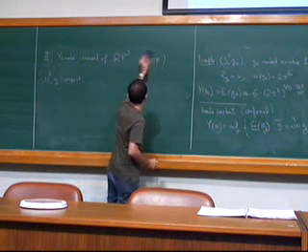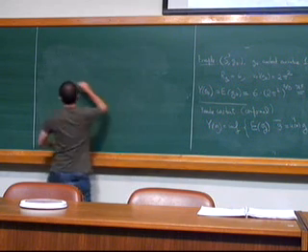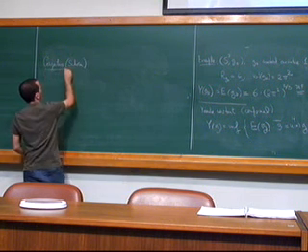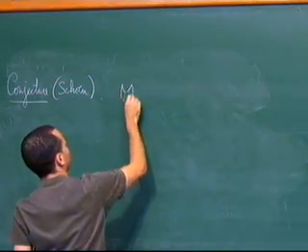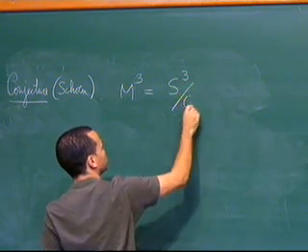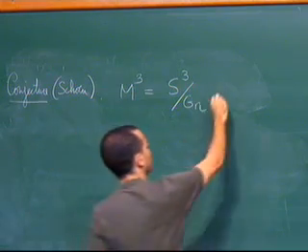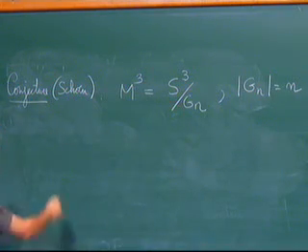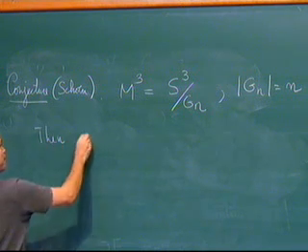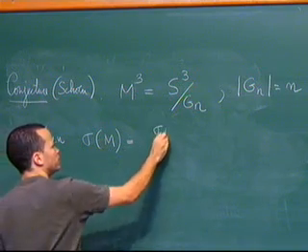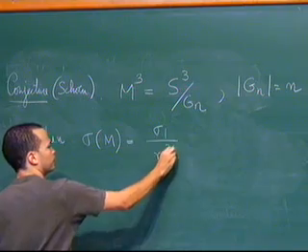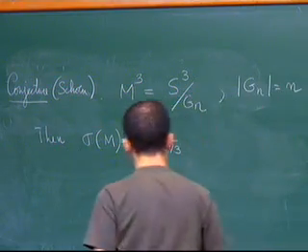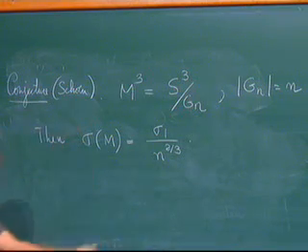In particular, as a corollary, this is a conjecture of Schoen that if the manifold is obtained from the 3-sphere by a quotient by a group of isometries, and suppose that the group of isometries has n elements, then the sigma invariant of the quotient should be sigma 1 divided by n to the 2/3. That's the conjecture.